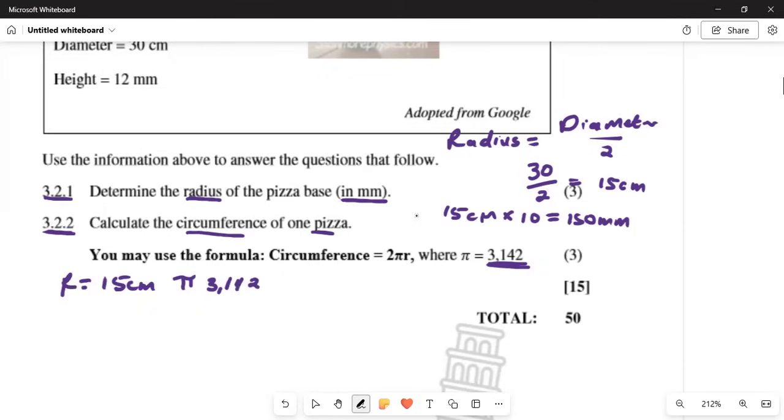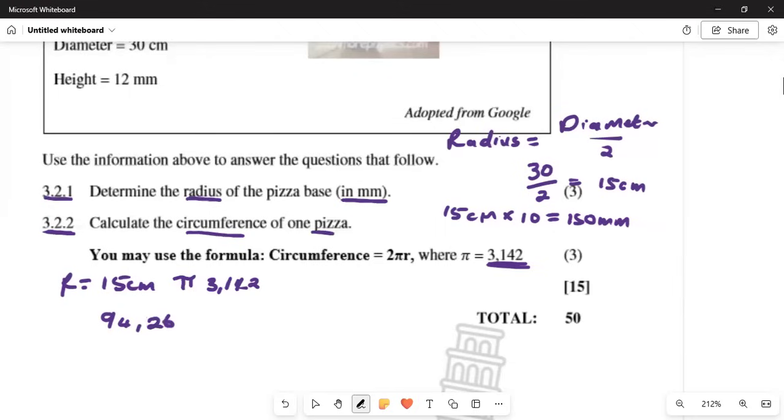Then that is it. Then we are saying now the circumference is indeed 94.26 times 10.